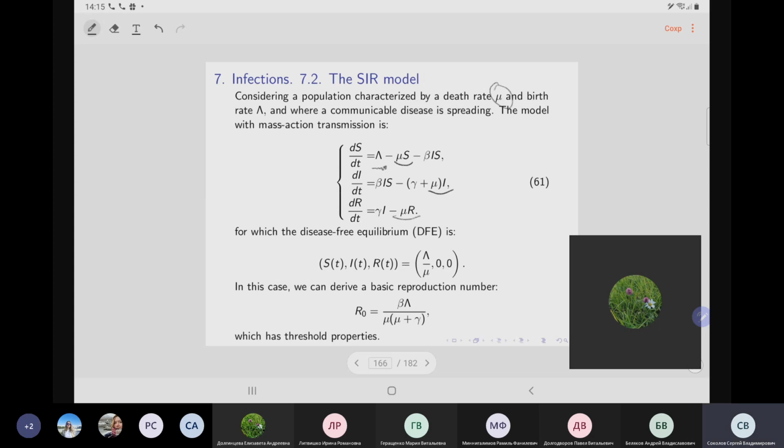It was the disease-free equilibrium. And now, in this model, the disease-free equilibrium, meaning that there are no infected, is lambda divided by mu from the first equation, and I and R as 0. And for this model, we can rewrite our basic reproductive number in the following case. So it's just derived from the second equation.